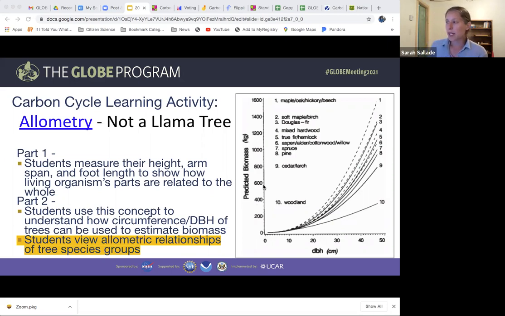So a key point here is the steepness of the graph tells us something about the density of the tree. So if you're looking across here for group 1, we see that just a small increase in DBH has a larger increase in total biomass for group 1 than does, say, the woodland group or the cedar larch group, and so on.